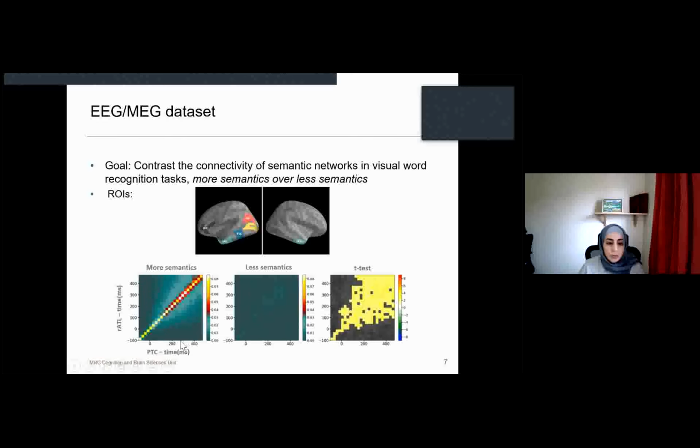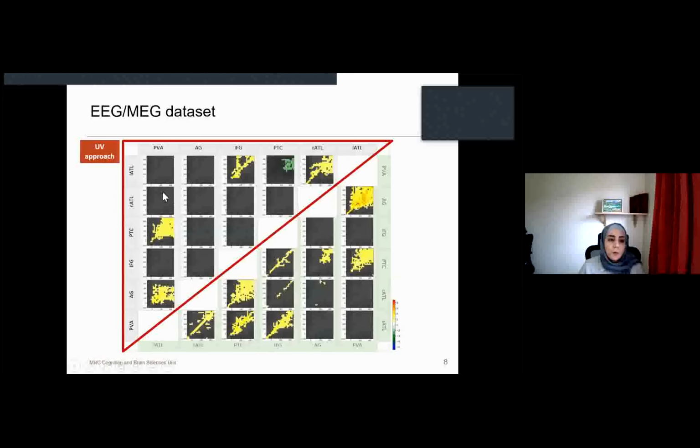The first column is the connectivity for more semantic tasks. The second one shows the connectivity for less semantic tasks. And here we have their comparison, and these bright yellow colors show the latencies that have been modulated by task demands.